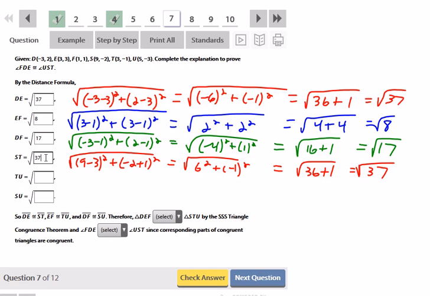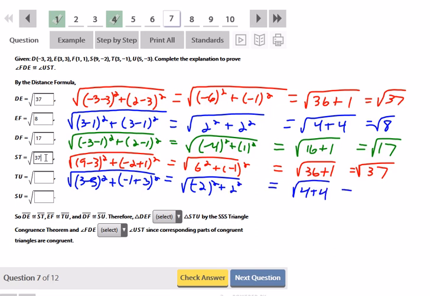Now TU is 3 minus 5 squared plus negative 1 plus 3 squared, which is negative 2 squared plus 2 squared, which is square root of 4 plus 4, which is square root of 8.